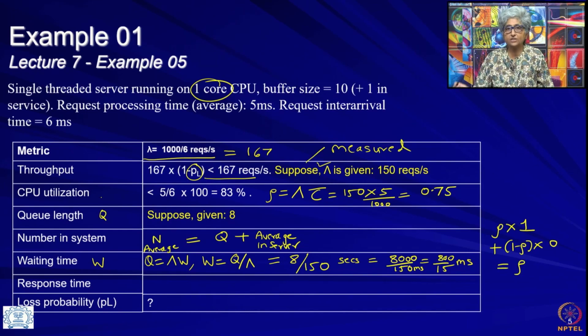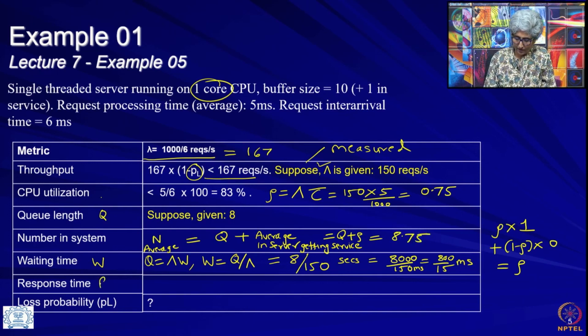So, another interpretation of utilization for a single core, for a single server queue, is the average number of customers in the server getting service. So, this is nothing but q plus rho. So, this is actually 8.75, and now that we have n we can get r.